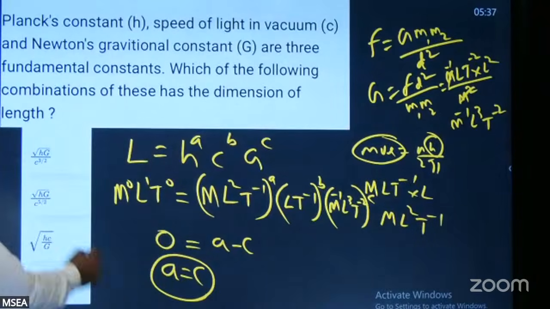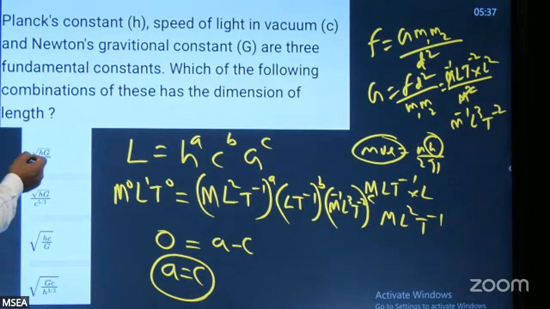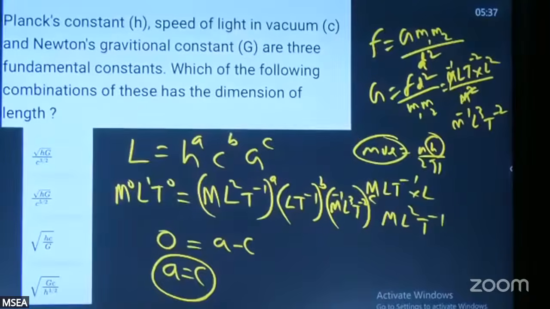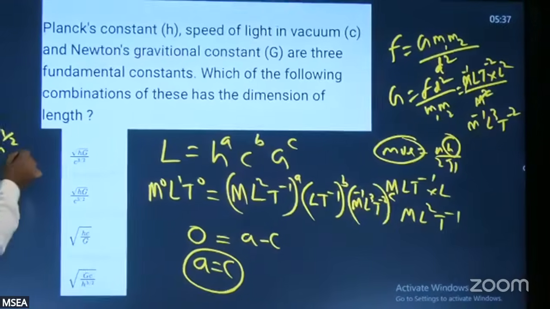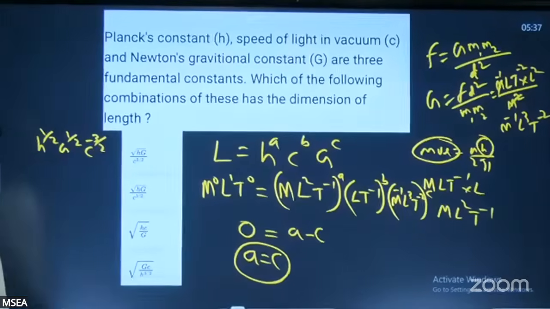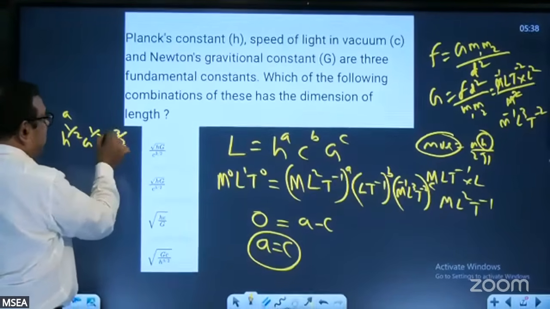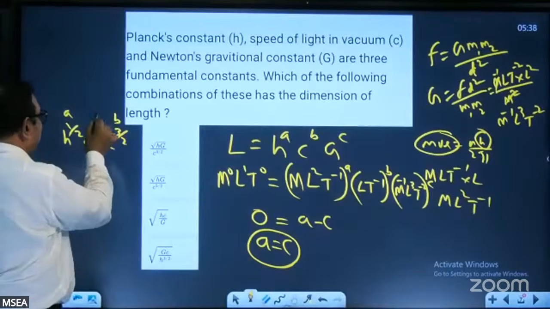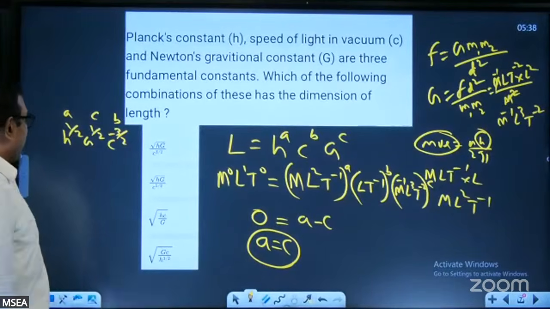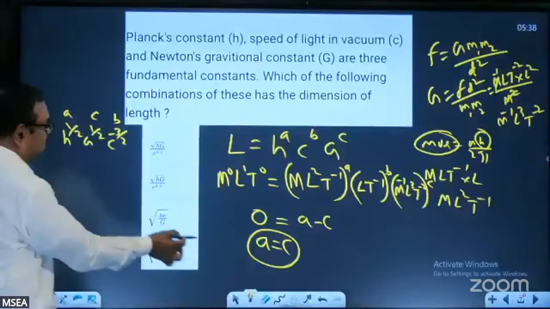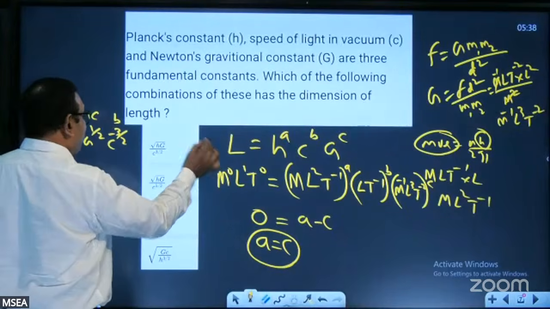Checking the options, h power 1 by 2, G power 1 by 2, c power minus 3 by 2. Here h power is a, c power is b, and G power is c. But h and G have the same dimension formula, so this may be correct.